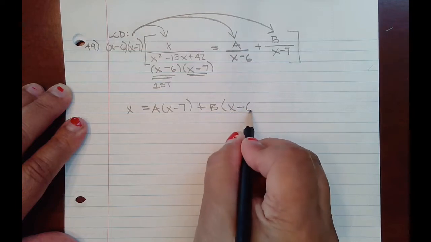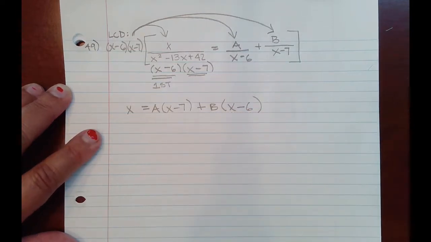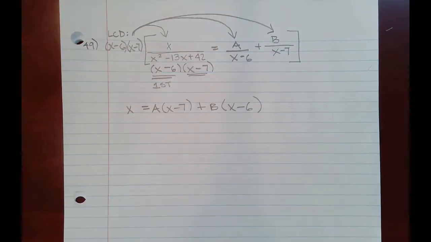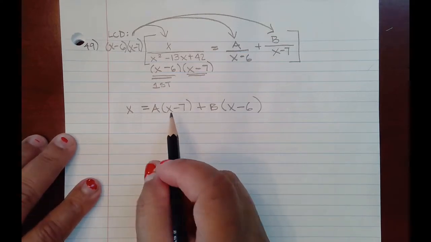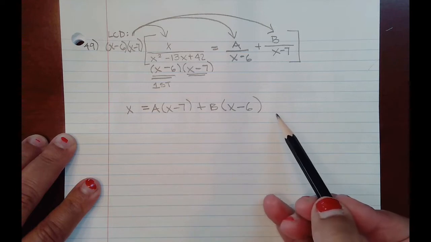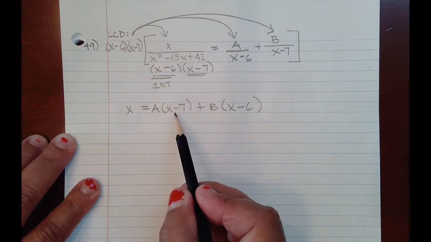And now you have an equation, no fractions. You can multiply it out, and you're going to try and find A and B. So one of the easiest ways to find A and B is to think about the numbers that zero out the factors. Okay, these factors are now here. They're part of this equation here. So you want to look in here and ask yourself, what would zero this out?